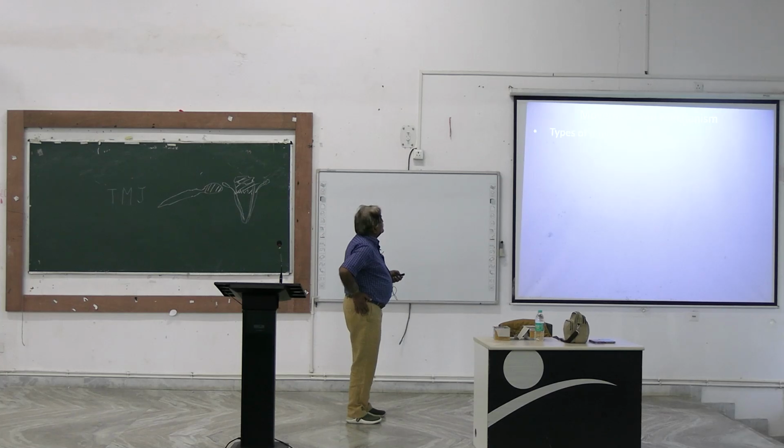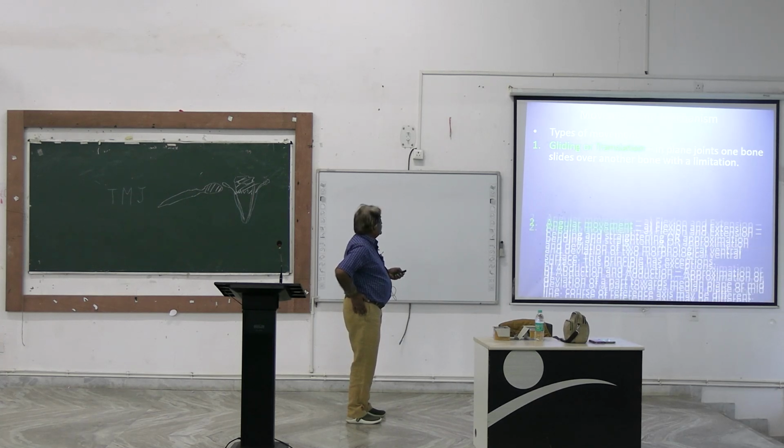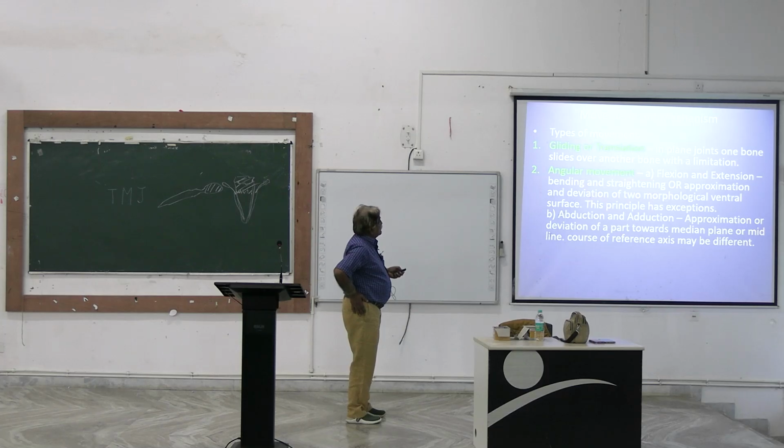Movements and mechanism, types of movements: gliding or translation. In plane joints, one bone glides over another bone with a limitation. Now, angular movement: flexion, extension, bending, straightening, or approximation and deviation of two morphological ventral surfaces.